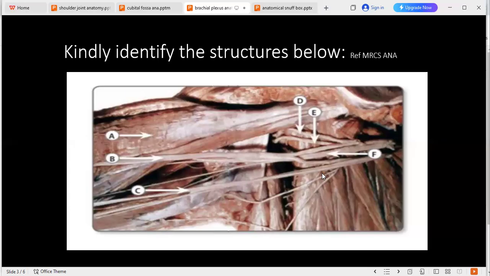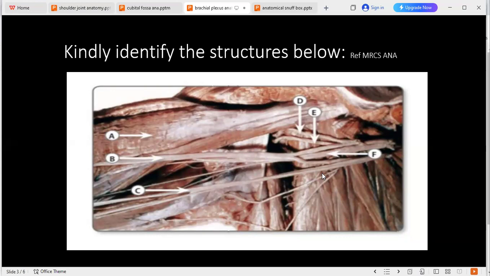Now please tell me the branches of the cords. Regarding the medial cord, it has 5 branches: medial cutaneous nerve of the arm, medial cutaneous nerve of the forearm, medial part of the median nerve, and ulnar nerve, and medial pectoral nerve. Lateral cord gives lateral pectoral nerve, musculocutaneous nerve, and lateral root of the median nerve.